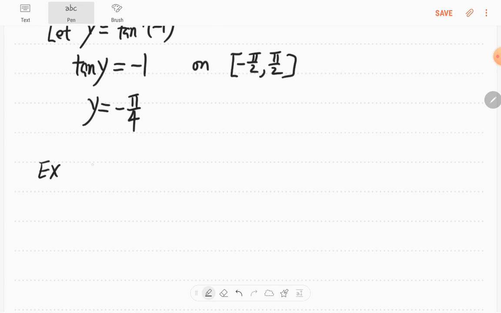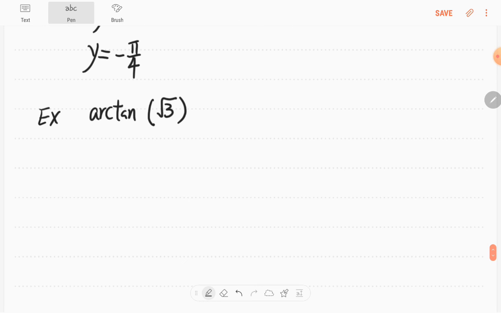So this is the arctangent of square root 3. This is greater than 1, but it doesn't matter, because our input here could be from -infinity to infinity, not like the arcsine and the arccosine, where we have to input a number between -1 and 1. So we still can let y equals arctangent square root 3.